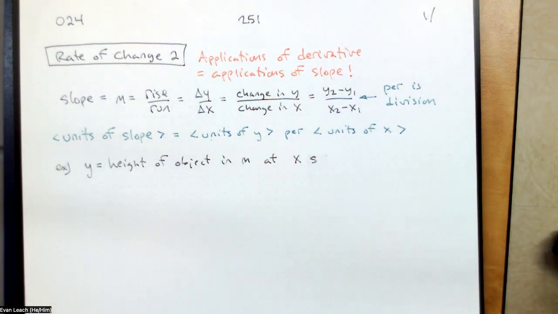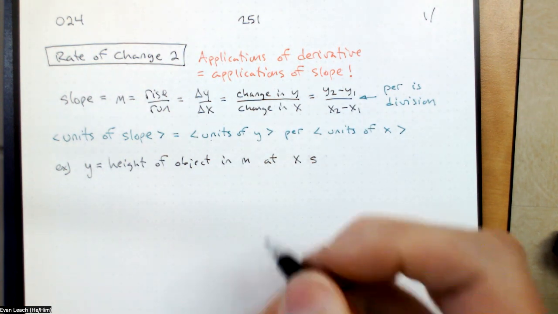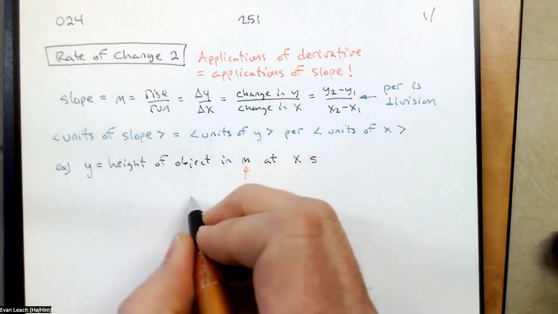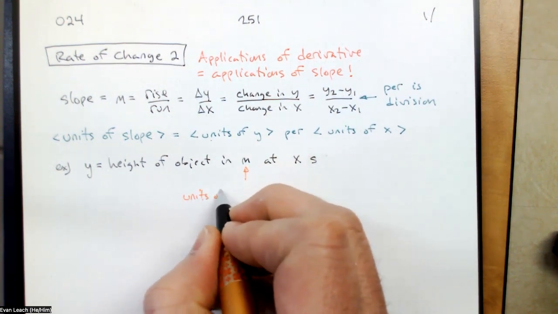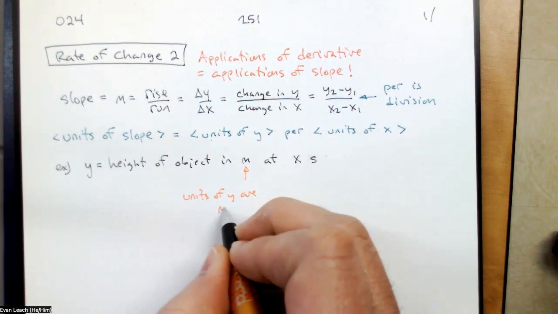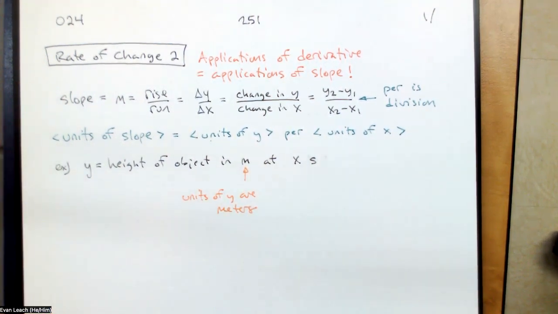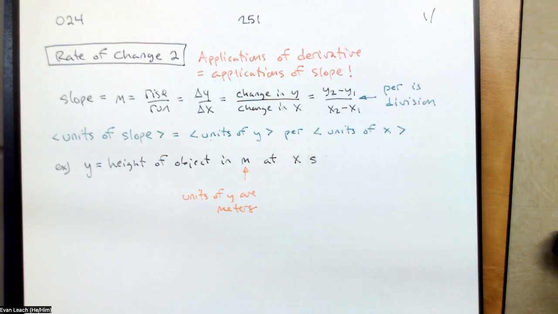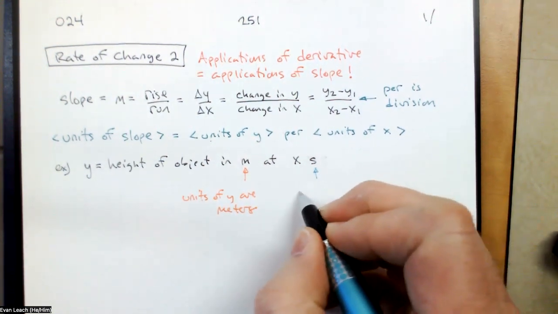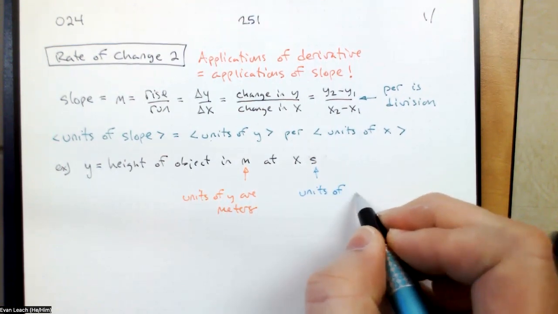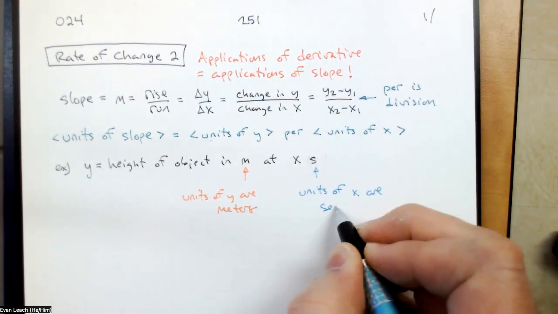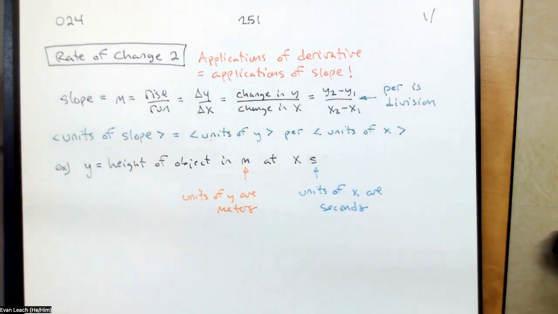So in this example, the units of y are meters. And the units of x are seconds. So the units of the slope in this case would be meters per second, which is a velocity or a speed. So the units are telling us what we're measuring.